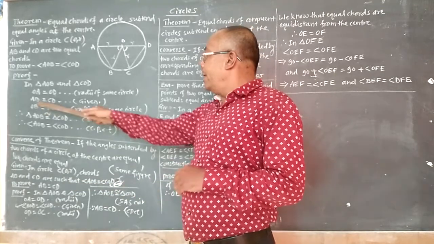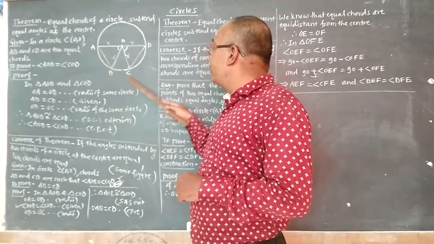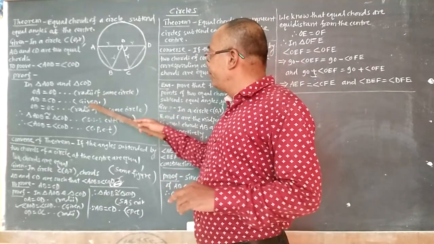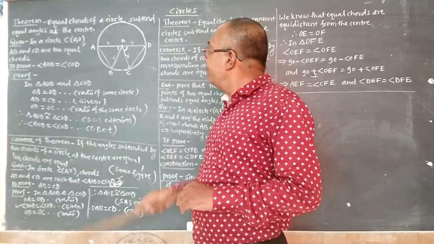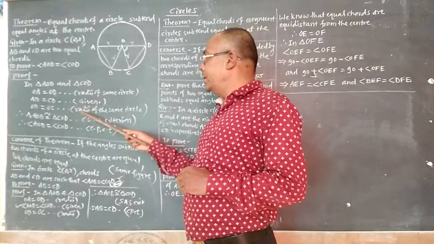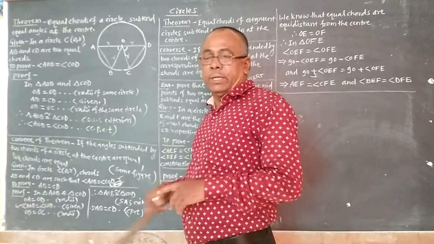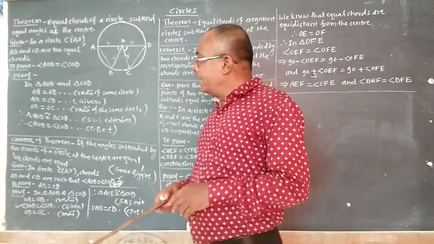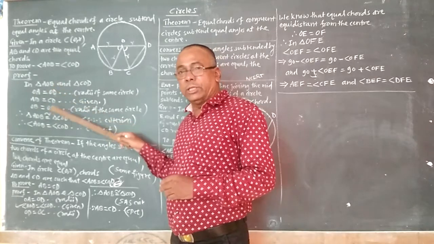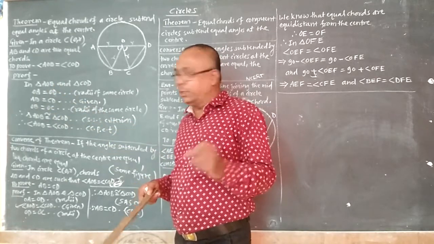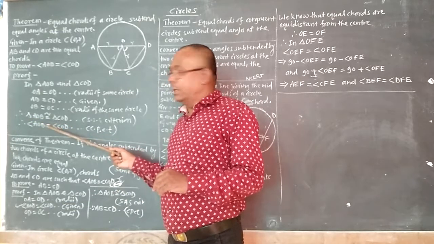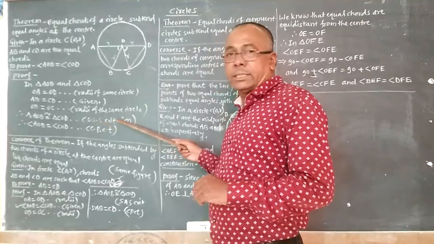Then AB equal to CD, it is given that both the chords are equal. Then OB equal to OC, OB and OC are again radii of the same circle, and therefore it is seen that three sides of one triangle are equal to corresponding three sides of the another triangle, and therefore triangle AOB congruent triangle COD by SSS criteria.